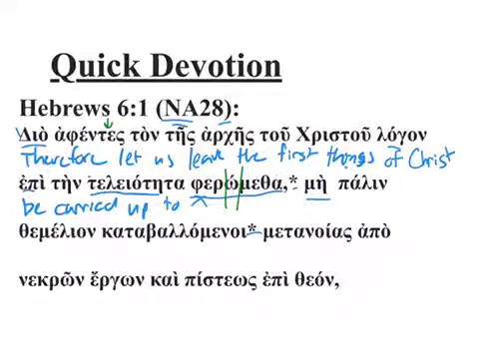It has tel-, which is like end or complete. Just how things are built upon root words and kind of help you understand that. So to be carried to maturity, or completion, perfection. So, therefore, let us leave the first things of Christ and be carried up to maturity, or toward maturity. For perfection. Okay.